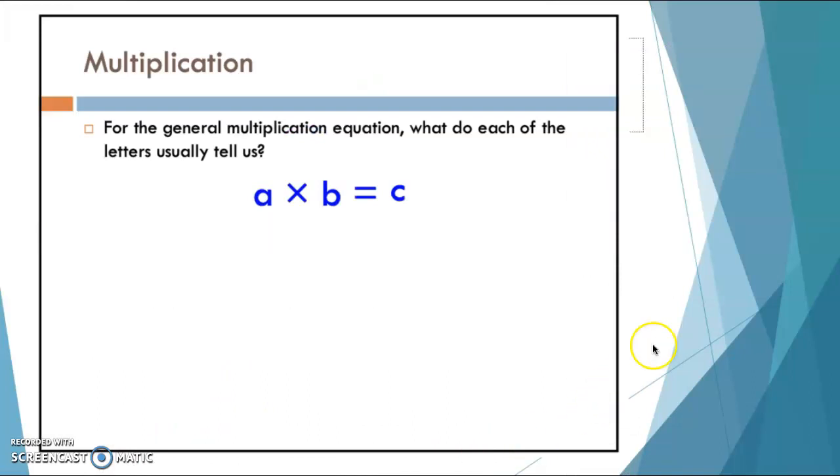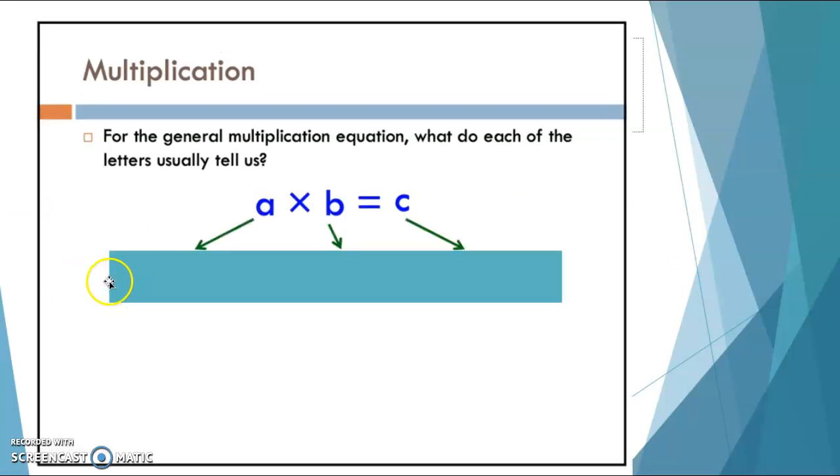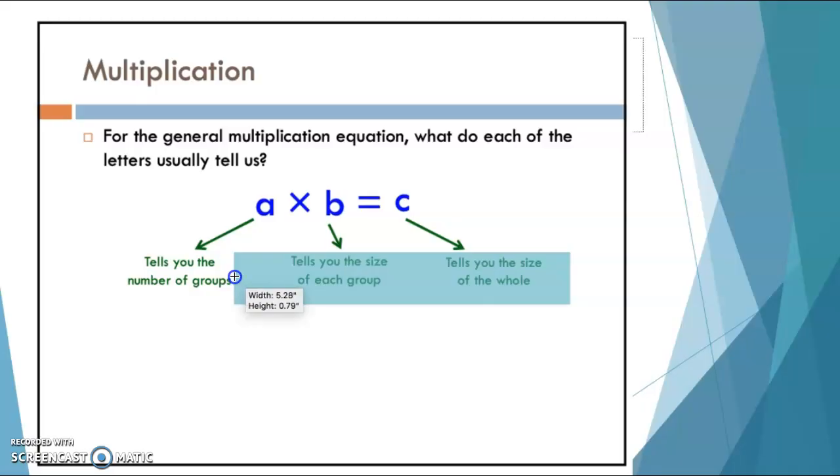Okay, so multiplication. For the general multiplication equation, A times B equals C, what do each of the letters usually tell us? A is going to tell us the number of groups.